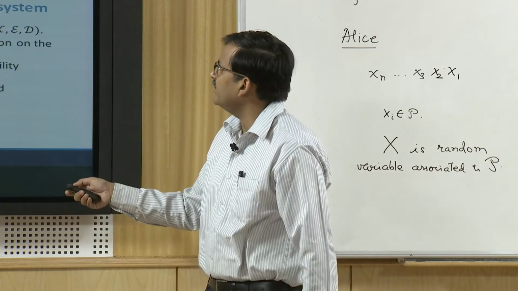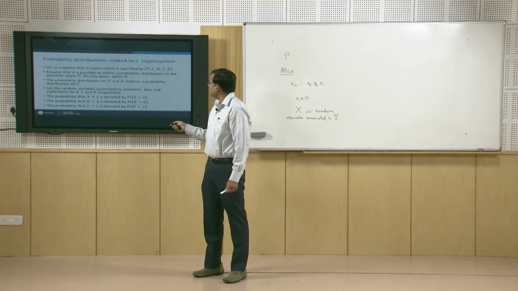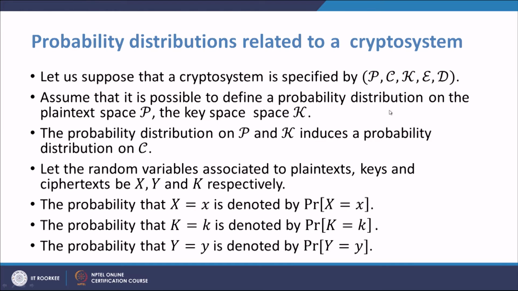Assume that it is possible to define a probability distribution on the plain text P, and X is the random variable corresponding to the plain text.